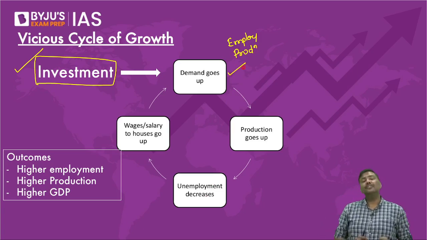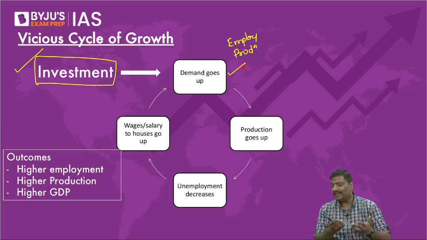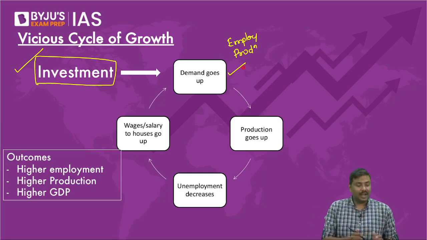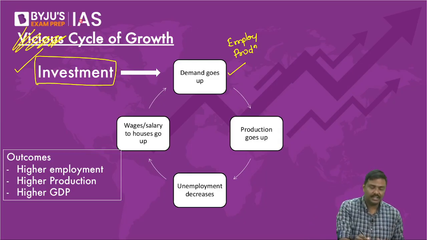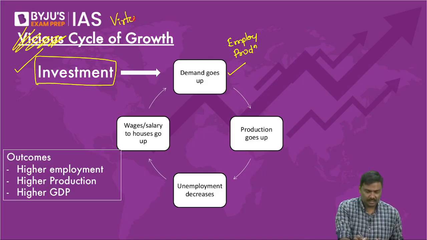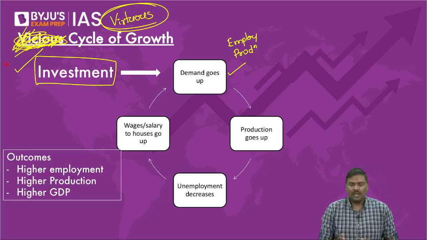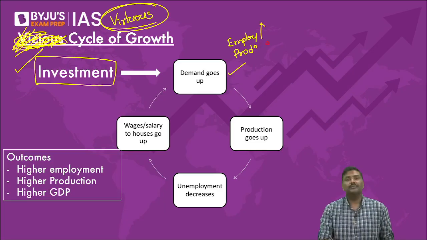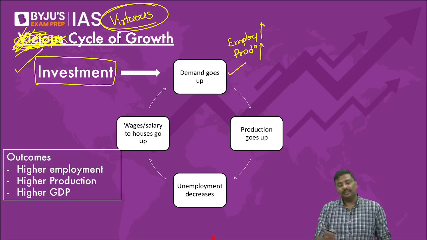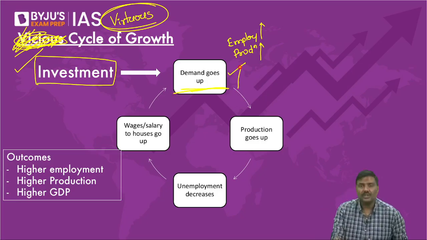Have a look at this. The demand for raw materials will increase. I've written vicious here. It's a virtuous cycle. My mistake, I've written vicious. It's a virtuous. Okay. So employment will go up, production will go up, demand for raw materials will also go up.